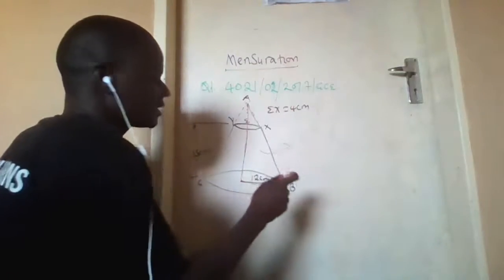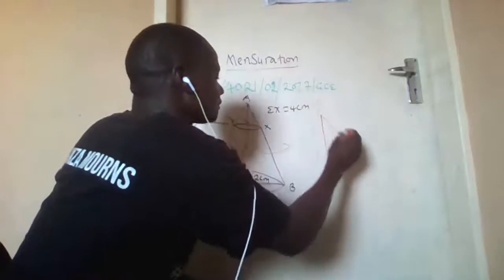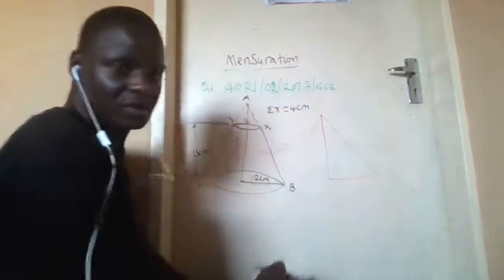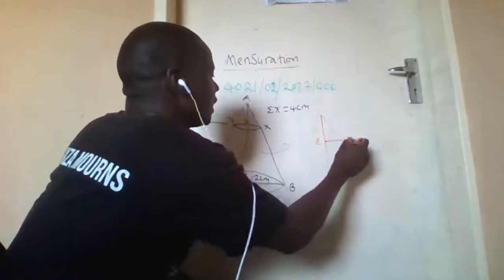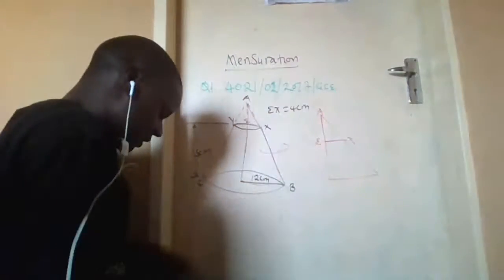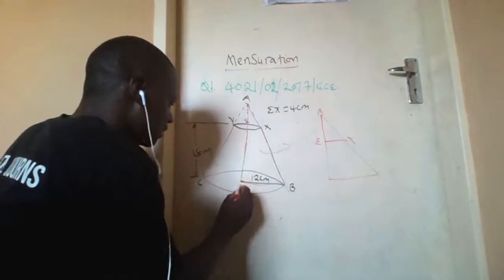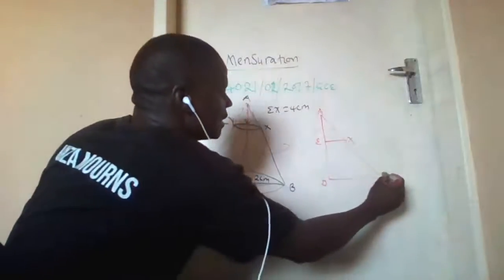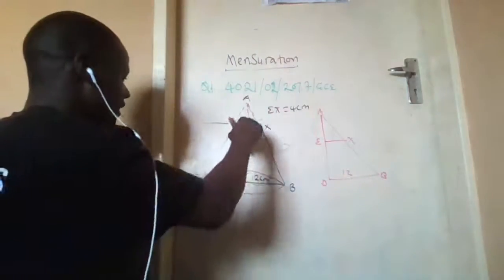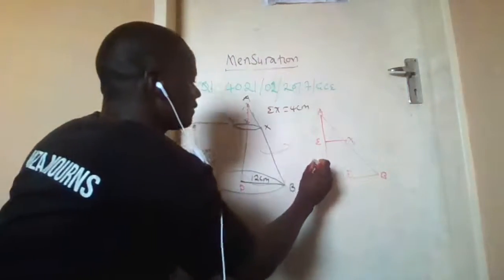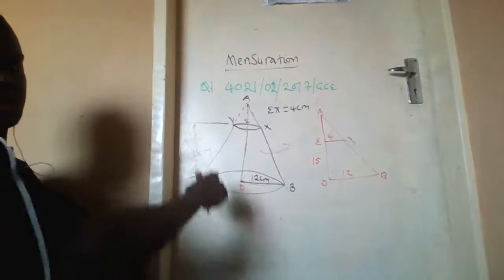Taking one to the other side, that is the shape we're going to extract, where this is our E, this is our X, this is our A, this is D, and this is B, where DB is 12, ED is 15, and here is 4 centimeter. You see how we can extract the information right from here.